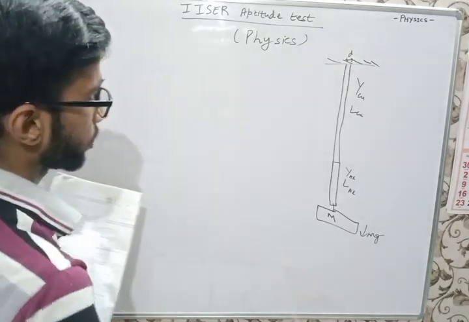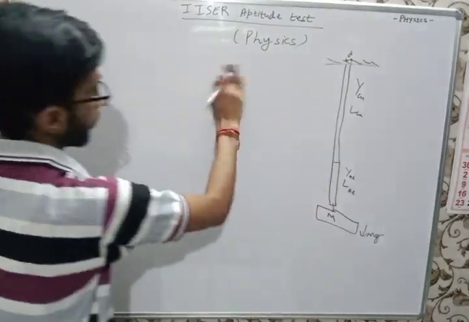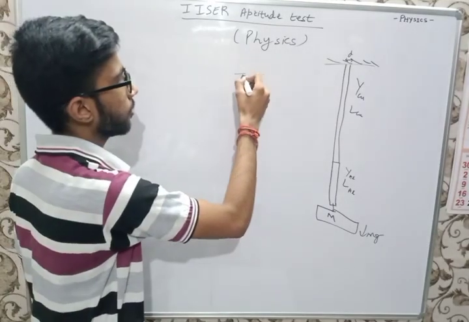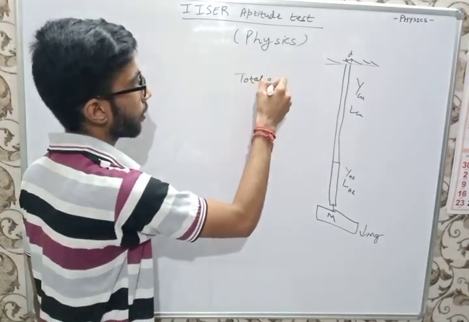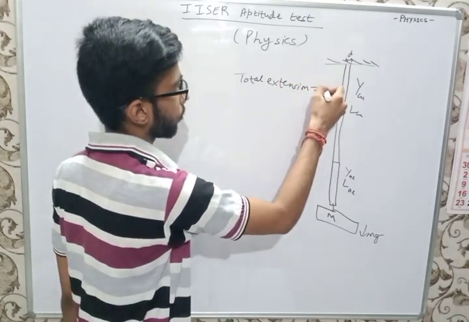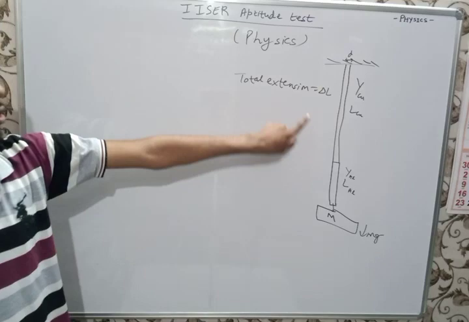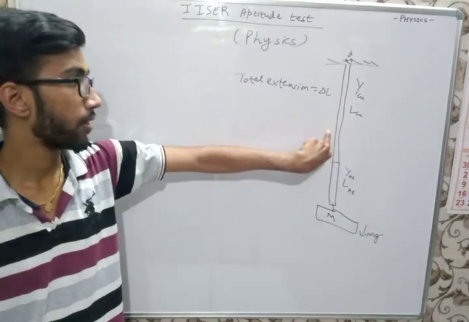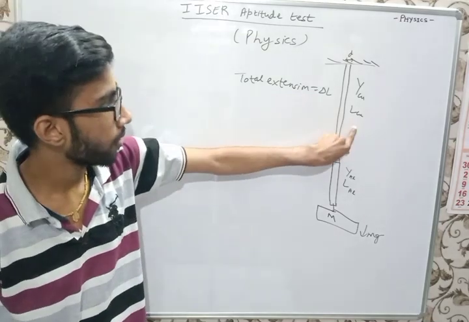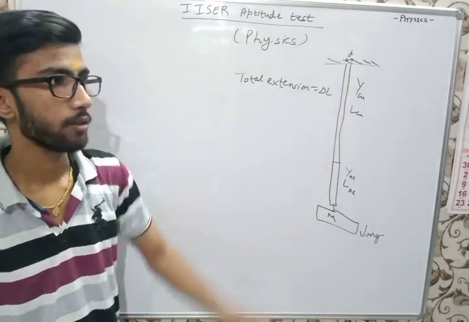If the net extension, read carefully, the total extension is delta L. It is not the extension of this wire, it is the total extension, meaning the extension of this wire plus the extension of this wire.